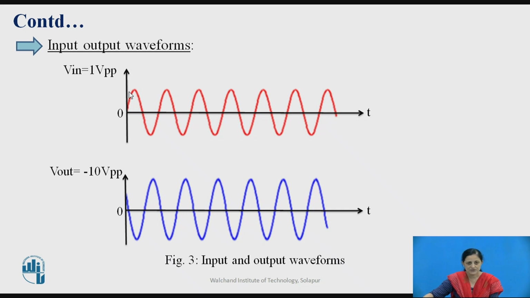If you compare these two waveforms, wherever the positive wave is there, at the output the inverted, amplified wave is observed. So, 5 volt peak at the output side and minus 5 volt at the negative side. So, a total of 10 volt peak to peak is obtained at the output, that is at pin number 6.